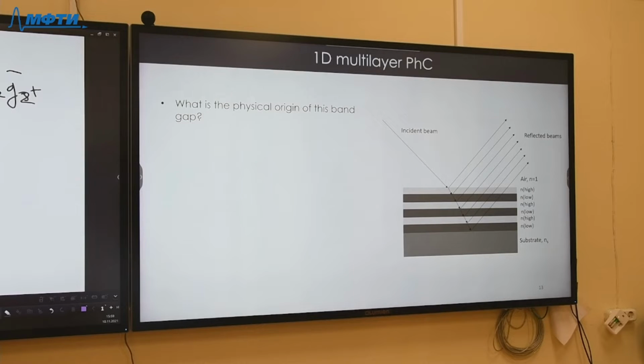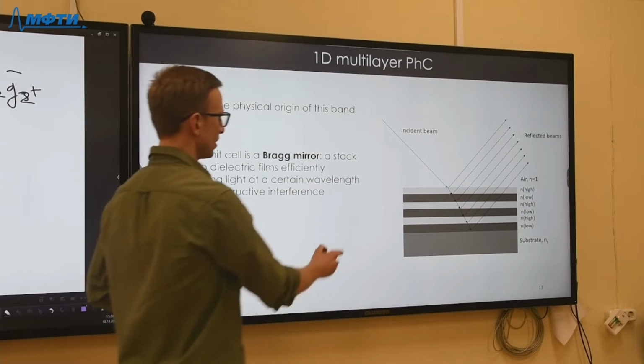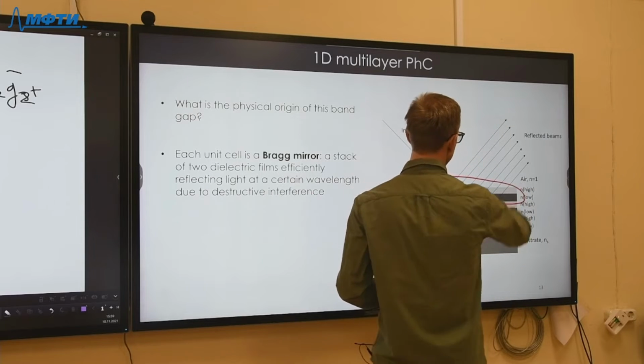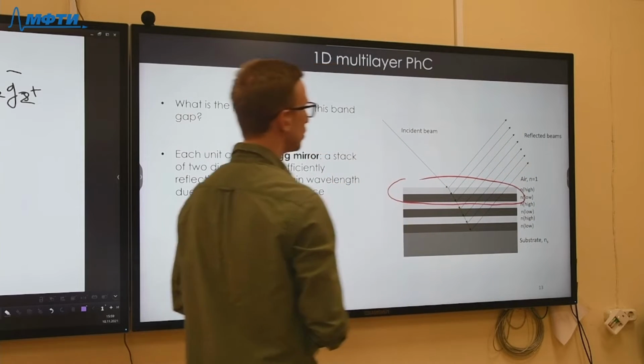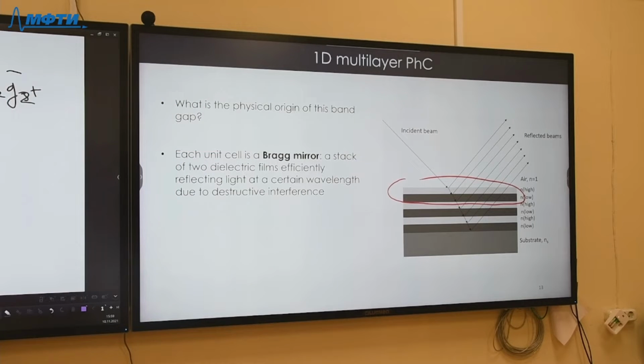Its unit cell is composed of two films, and it happens so that when the frequency of light lies within the band gap, each unit cell, each pair of two consecutive layers, acts as a Bragg mirror, reflecting light. So the interference works in such a way that any couple of mirrors suppresses transmission and increases reflection. So it works like an anti-reflective coating, right? This is just a Bragg mirror.